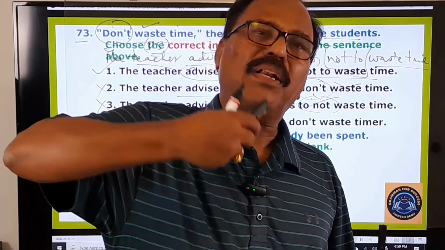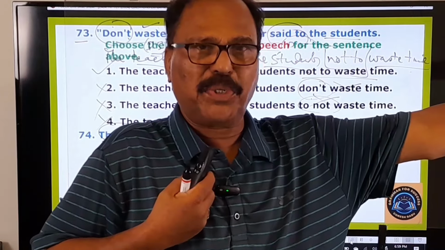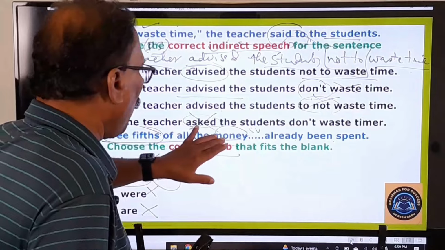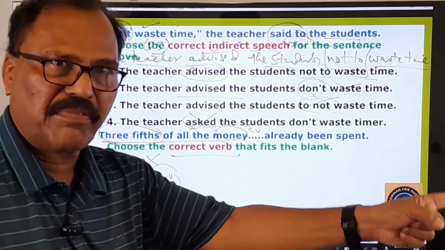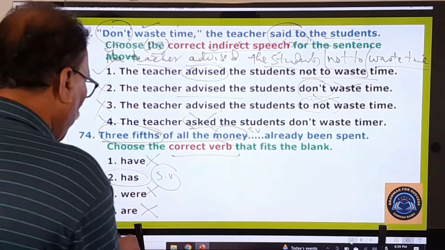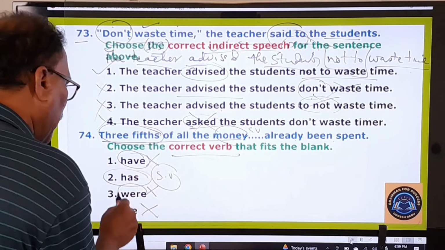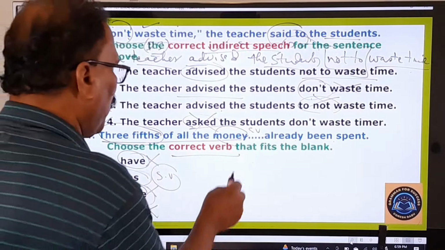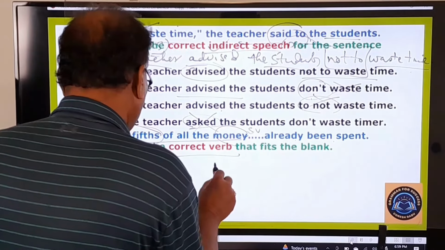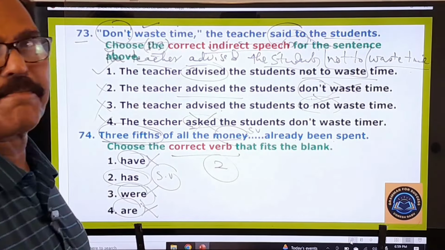Beside the plural subject, a plural verb must be used. So here 3/5 of all the money is a singular subject. Of these 4 options, have is a plural verb, were is a plural verb, are is a plural verb, and only has is the singular verb. Therefore this fits in this blank, and your answer is going to be the second one.